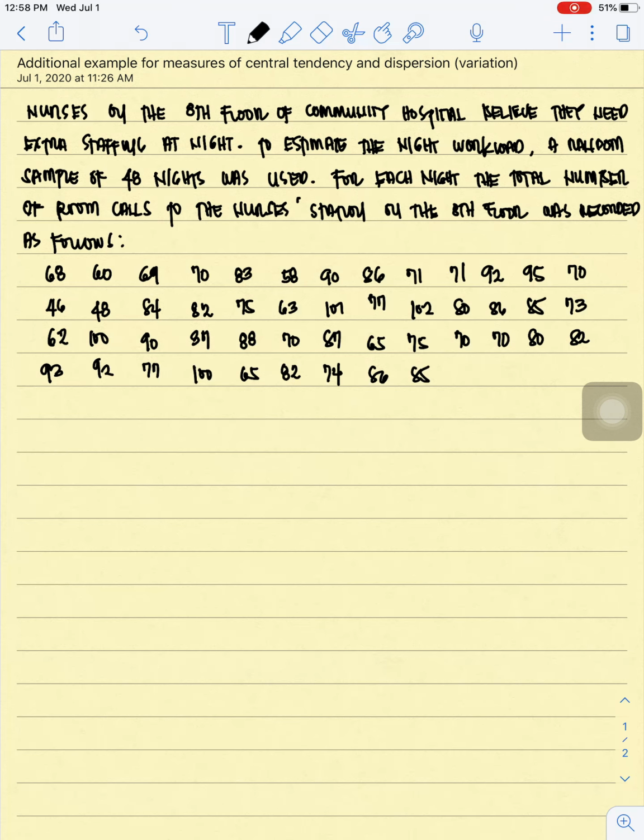So, for our raw data, we need to arrange this in order by using the stem and leaf display. Our smallest value is, I think, 37, and our highest value is 102. So we have here 3, 4, 5, 6, 7, 8, 9, and 10.